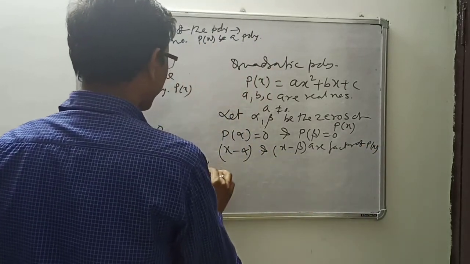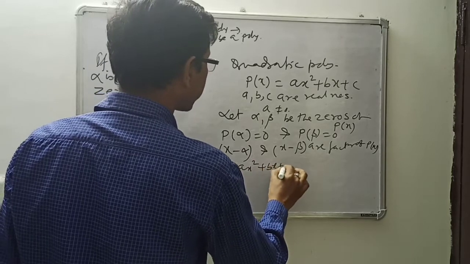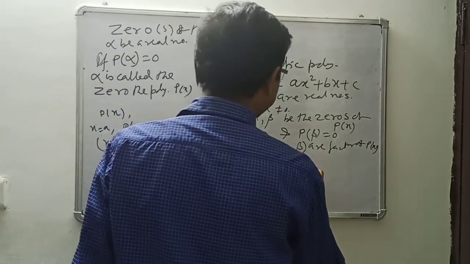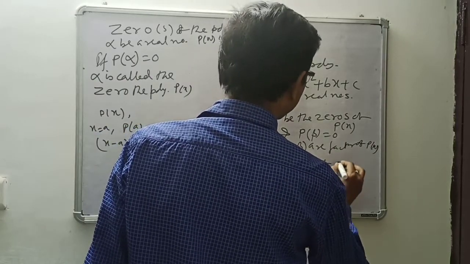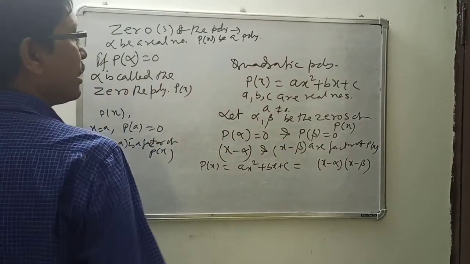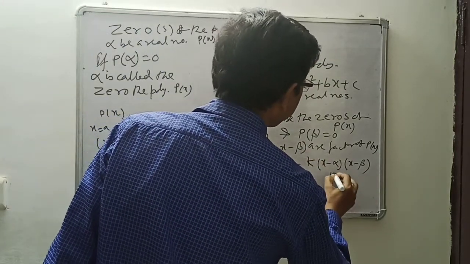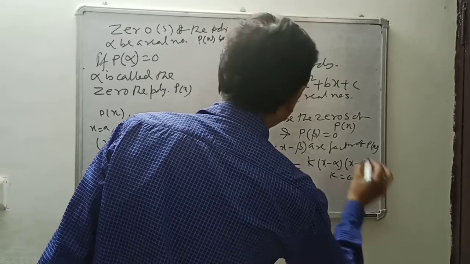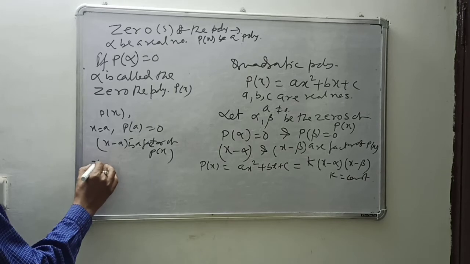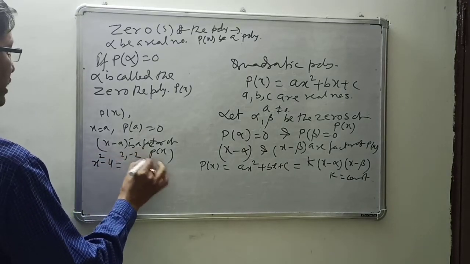Therefore p(x) equals ax square plus bx plus c, which should be the product of these factors, but multiplied by a constant k. Why? For example, the zeros of the polynomial x square minus 4 are 2 and minus 2.